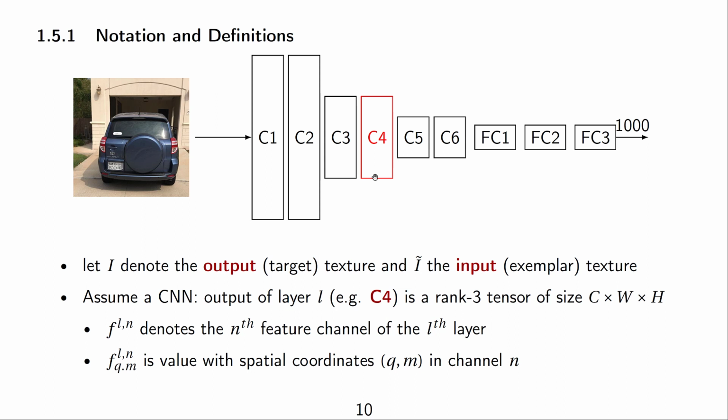But then we also would like to have a way to denote the actual pixels within this tensor. And so for this, the authors have this Q, actually it should be a comma M, to denote the spatial coordinates of one particular scalar value. So F superscript Ln denotes a complete channel of size width times height. And F superscript Ln subscript Qm denotes one particular scalar value inside the tensor that is output by layer 4.